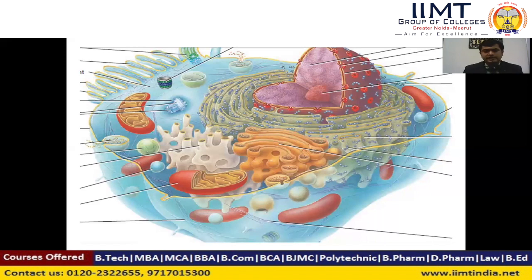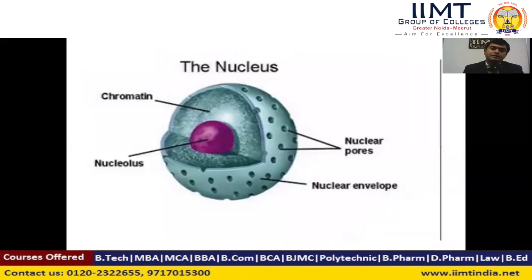Let us see the diagram of a nucleus. The nucleus consists of an outermost covering known as the nuclear membrane, and we can also call it the nuclear envelope, which has a similar composition to the plasma membrane.